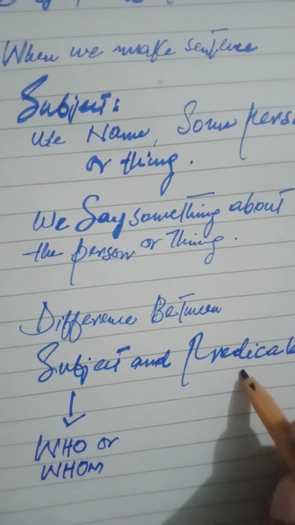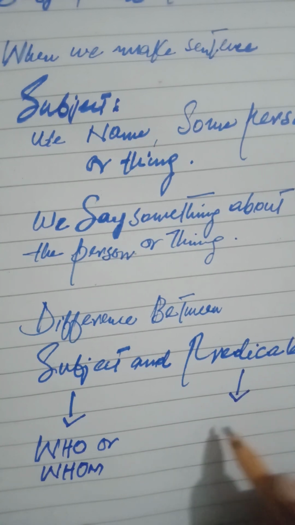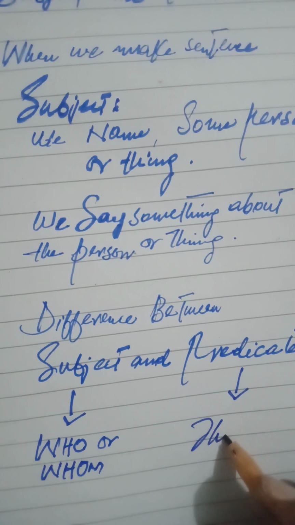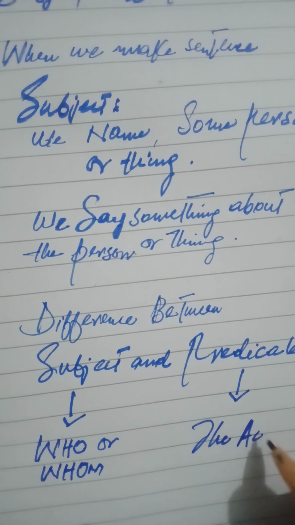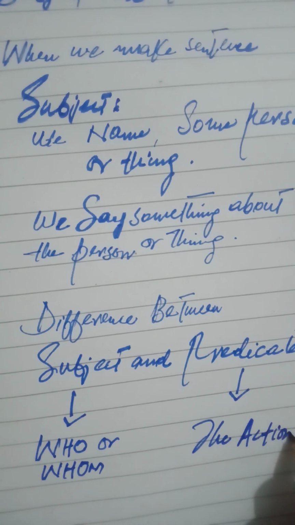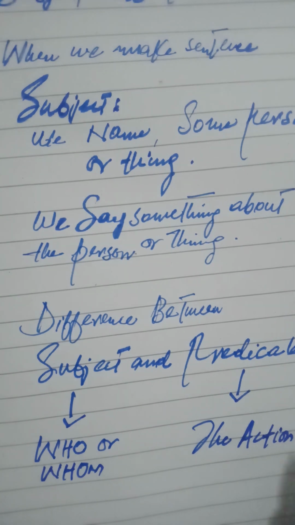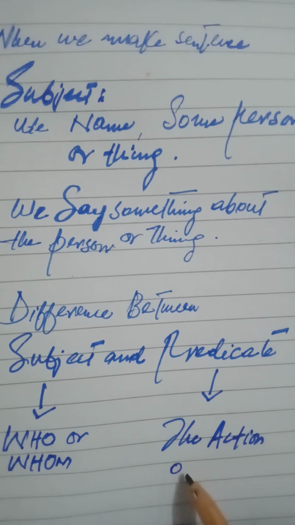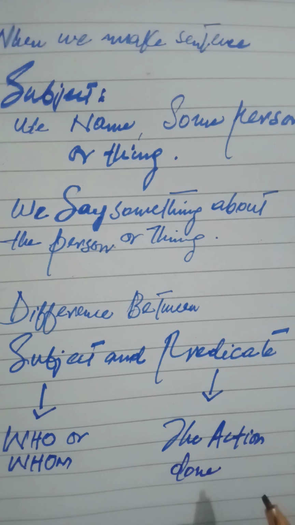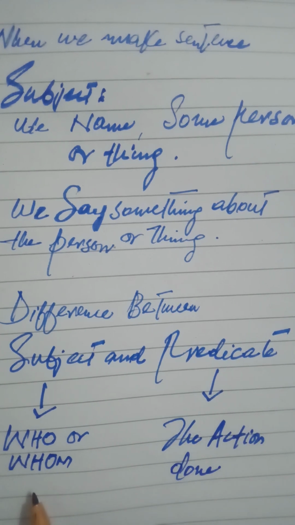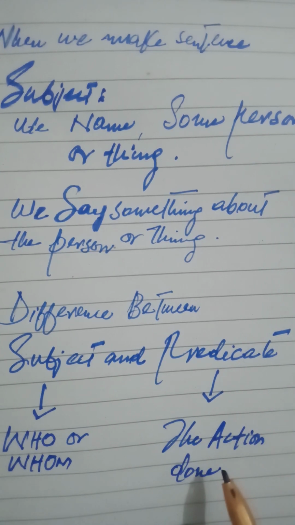And the predicate is the action done. For example, he runs fast. So he is the subject, runs is the action, and fast defines the attribute of that action, sort of an adverb.